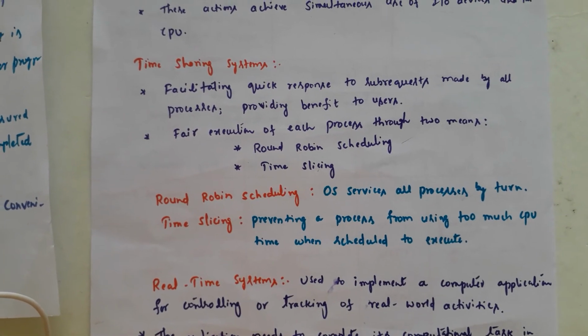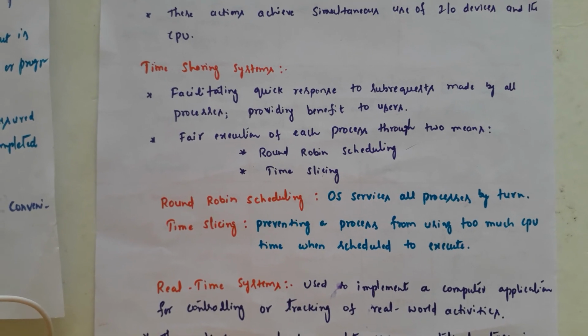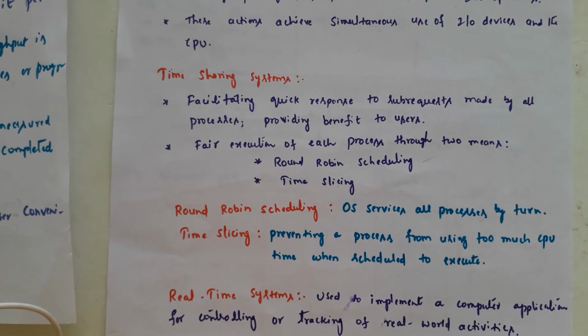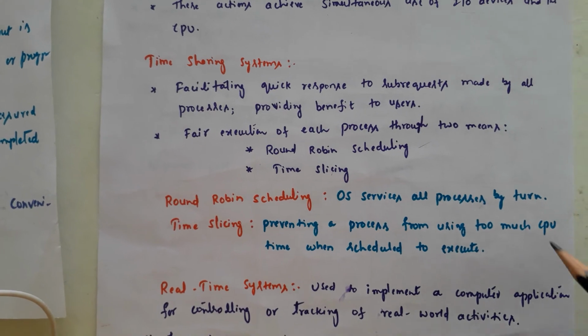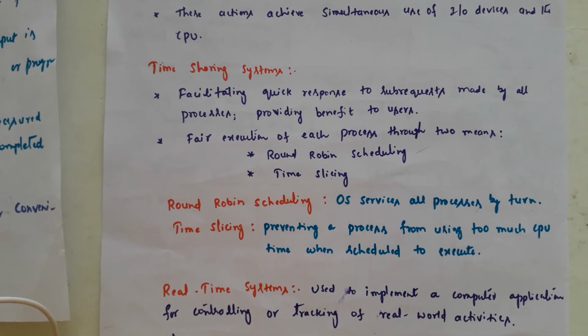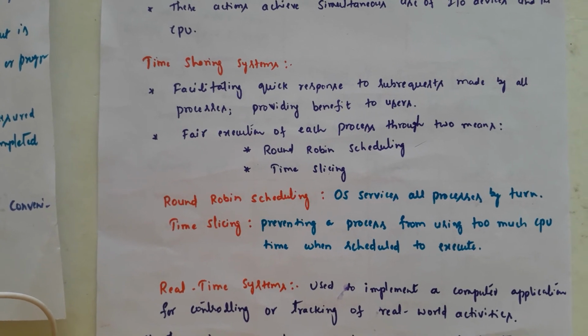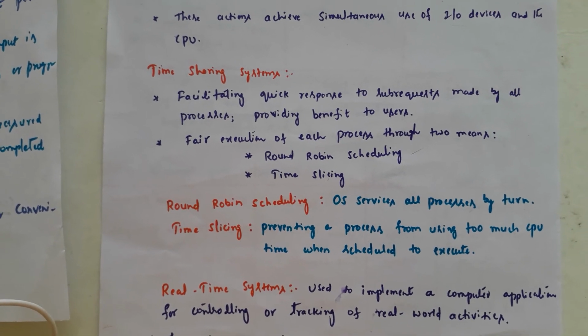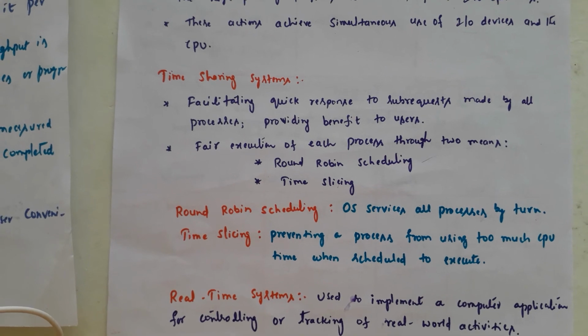In round robin scheduling, the service will be given to all the processes on a turn basis. Whereas in time slicing, your operating system will prevent any particular program from using the CPU for a longer period.